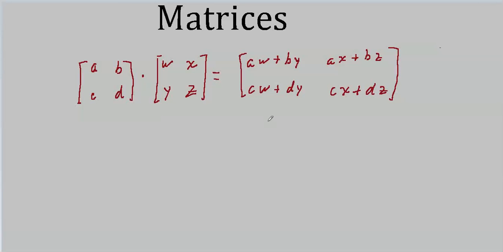Kind of strange, isn't it? This is one entry here. This is one entry. This is one entry, and this is one entry. And we're going to work some problems with actual numbers to help you make sense out of this. But the hardest part to remember is that it's row times column. Row times column.